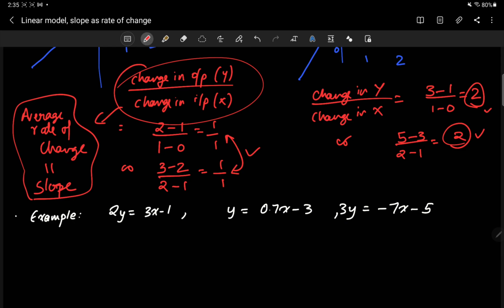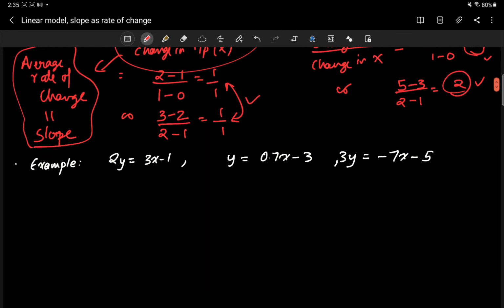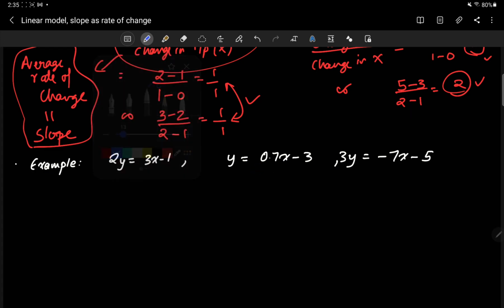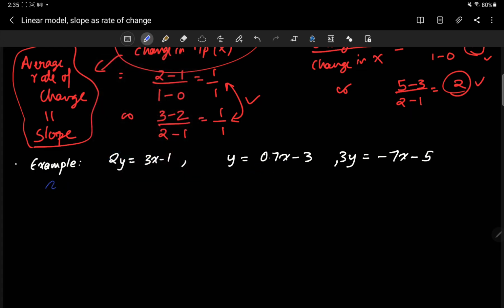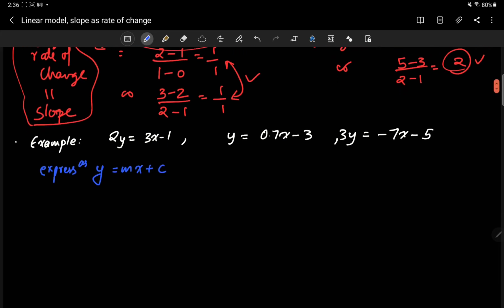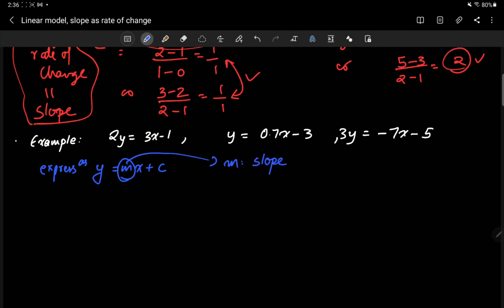That is, for a linear function, the slope represents the average rate of change. Now the easiest way to find that is to express these straight lines as y equals mx plus c. And in that form, m represents the slope.